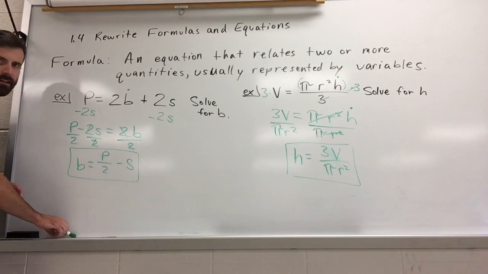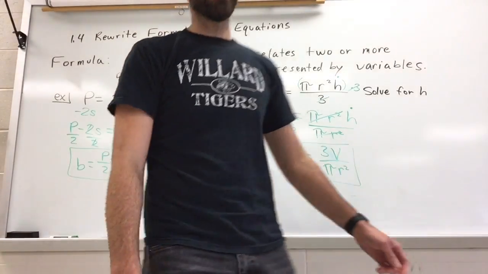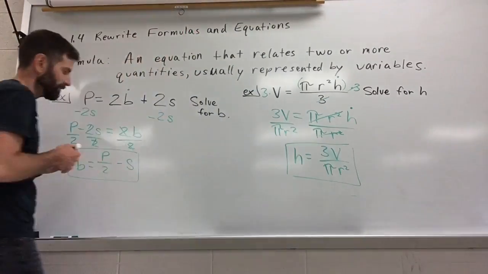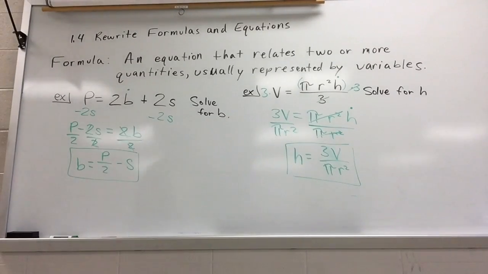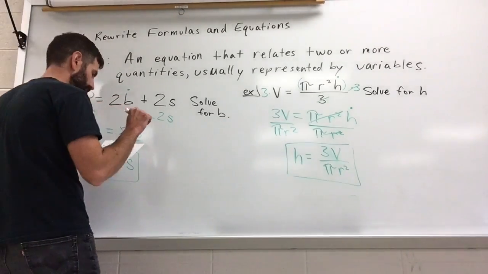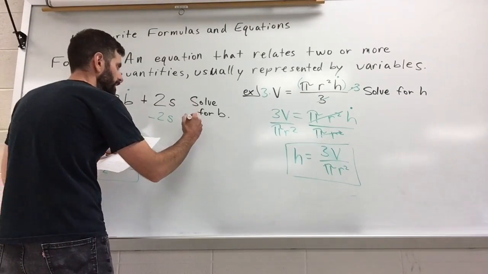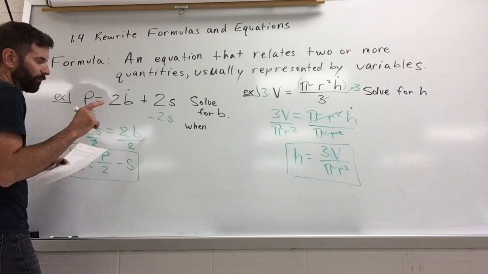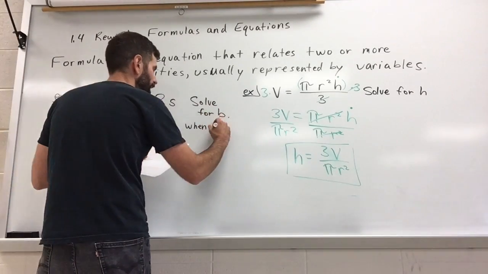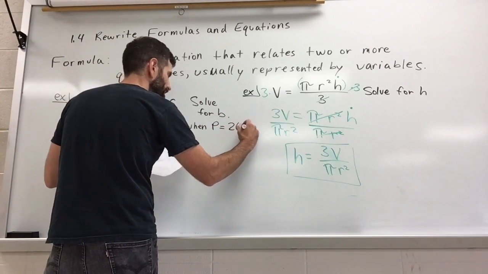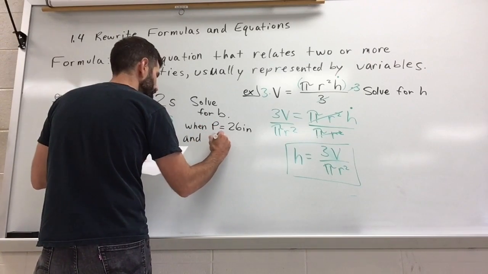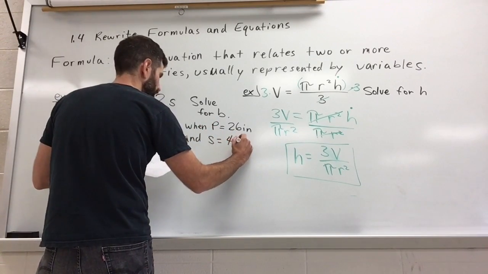Now, in actuality, you're also told you're going to solve for b when p is equal to 26 inches and s is equal to 4 inches.